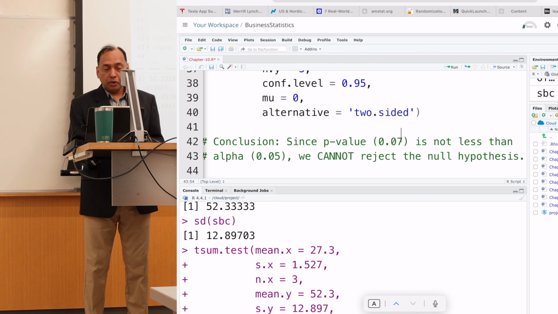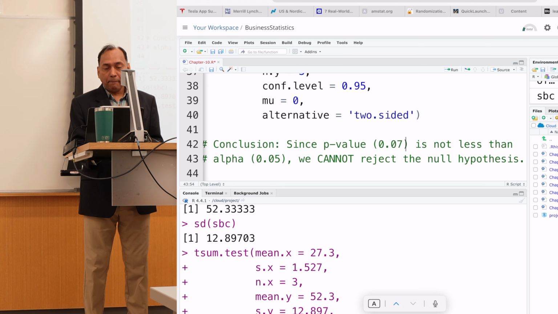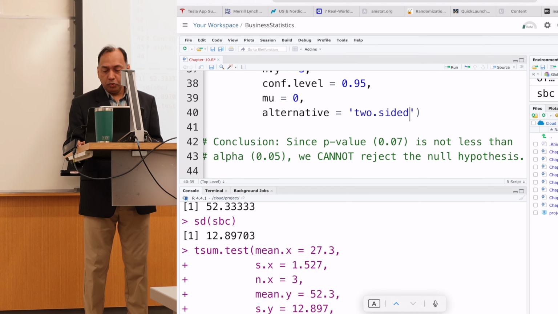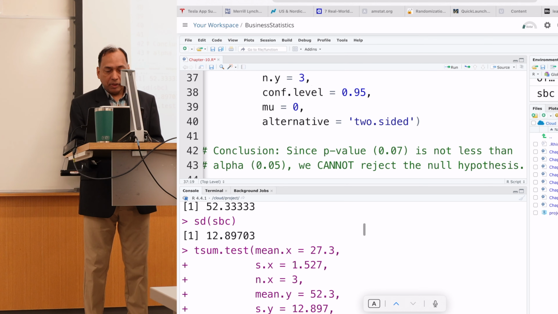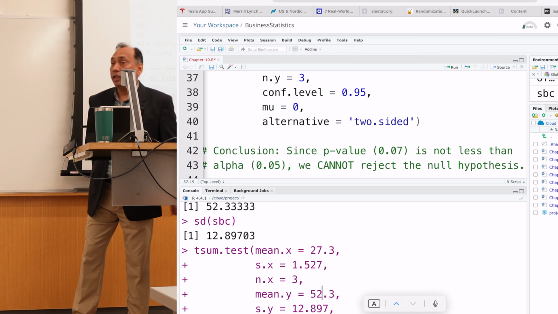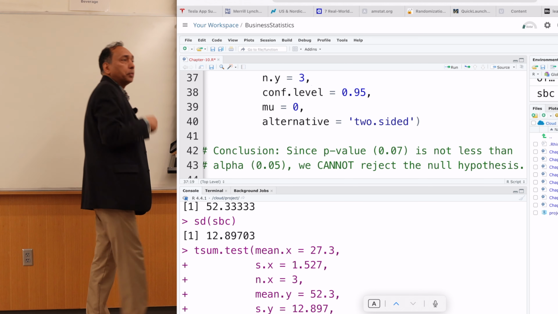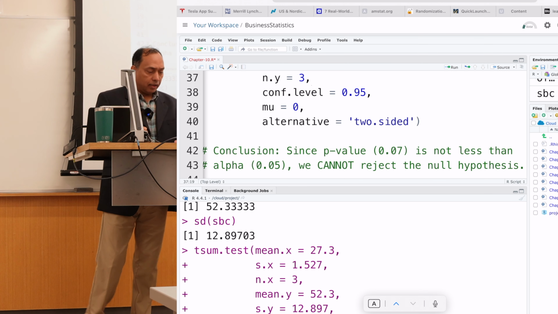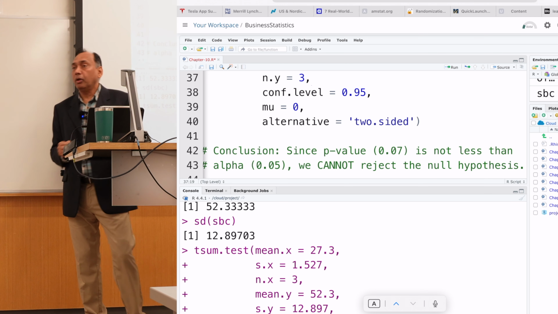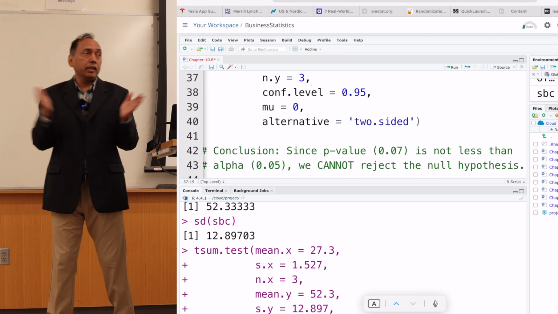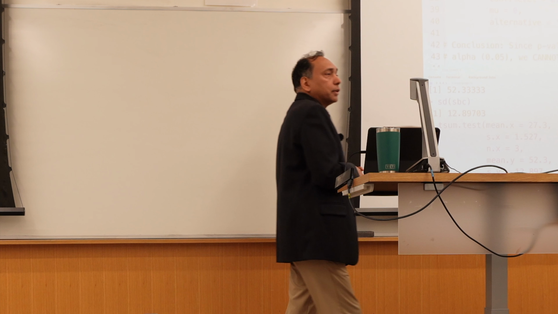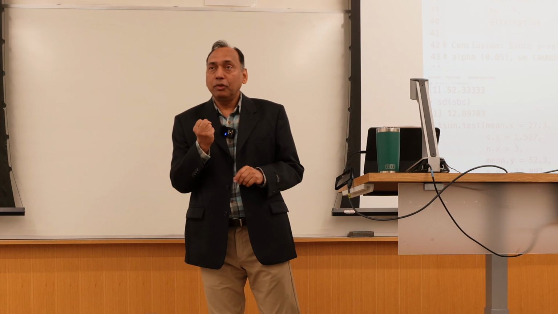So the question comes: why are the two means so different, but still we are not able to reject? You listed some of the reasons why this strength may vary, apart from just that they are from two different companies. They may have come through two different processes, but the actual strength that you measured varied.